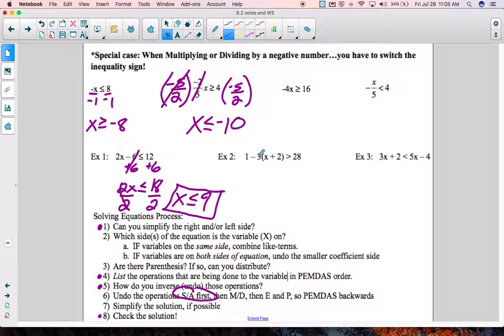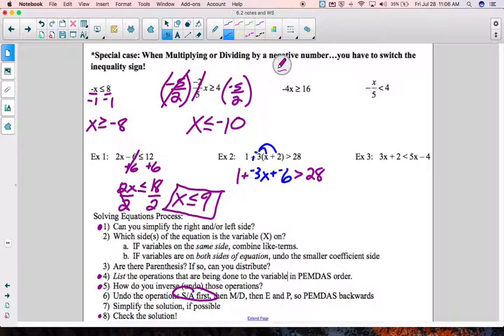It's a 3. Is that 3 positive or negative? It's totally negative. We need to add the opposite right here. That's a negative 3. So when we distribute, we get negative 3x plus negative 6, or minus 6. So we have 1 plus negative 3x plus negative 6 is greater than 28.